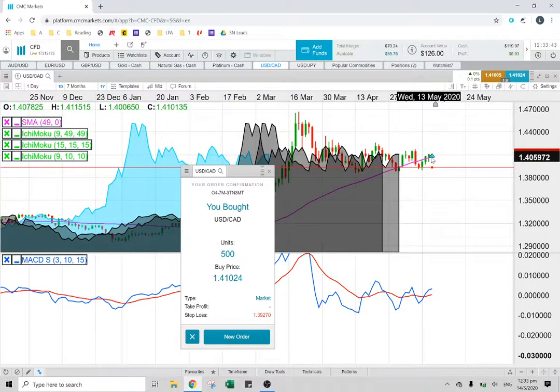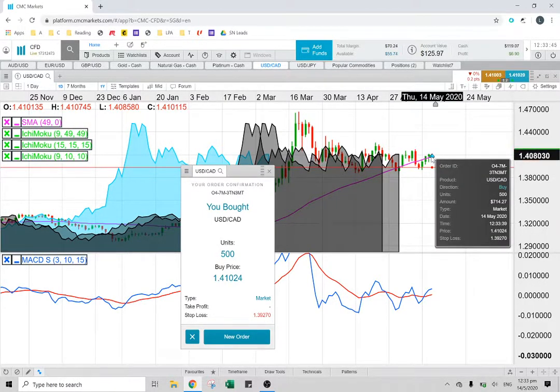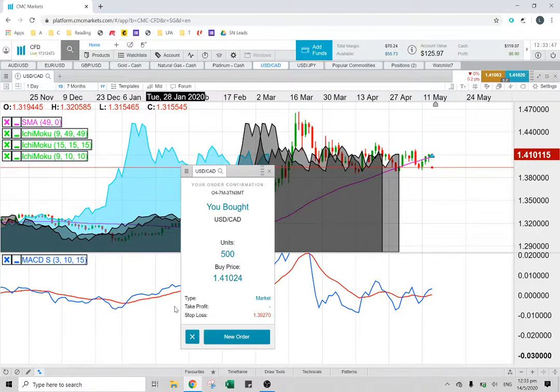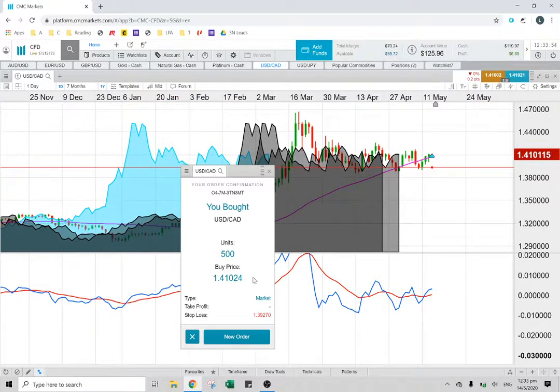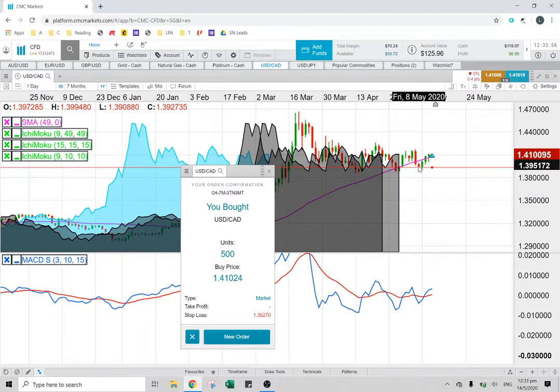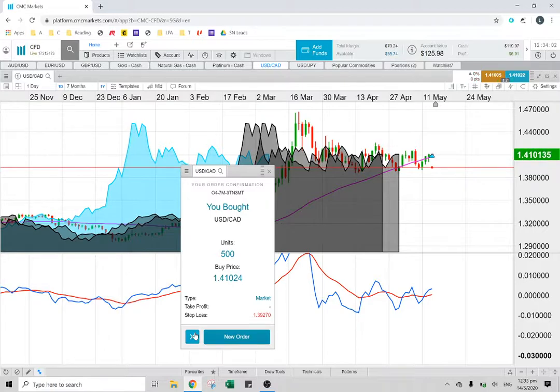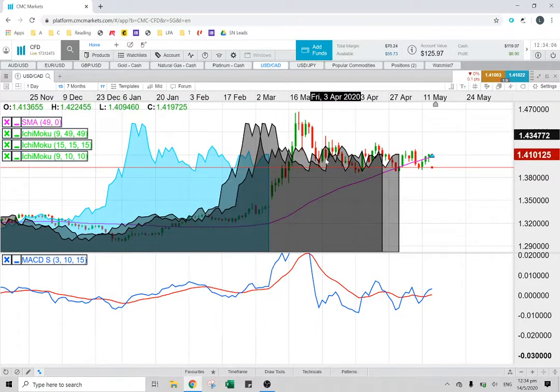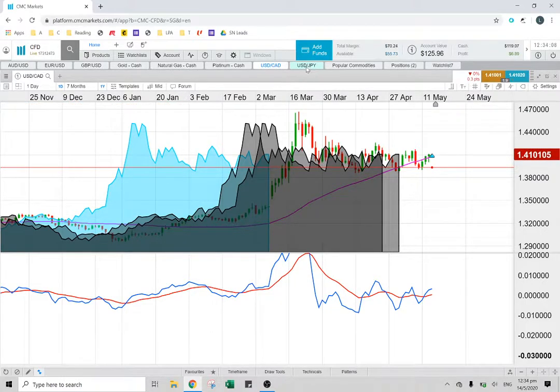So we bought 500 units at 1.41024, and our stop loss at the close of this candle, which is 1.3927. So great, we entered. Okay, so let's move on.